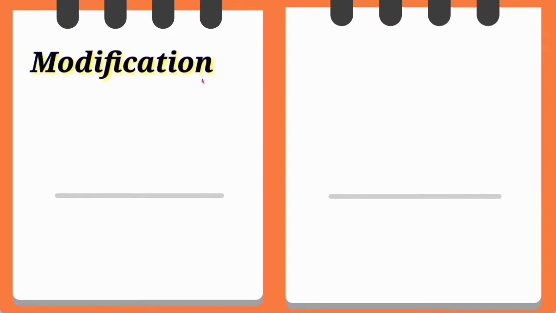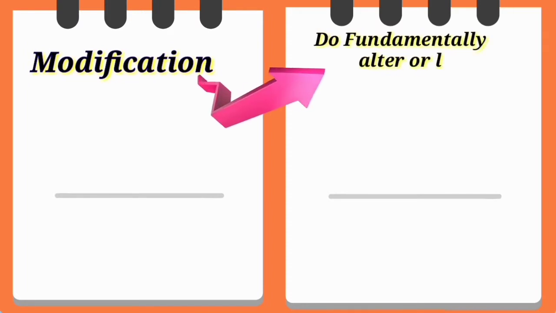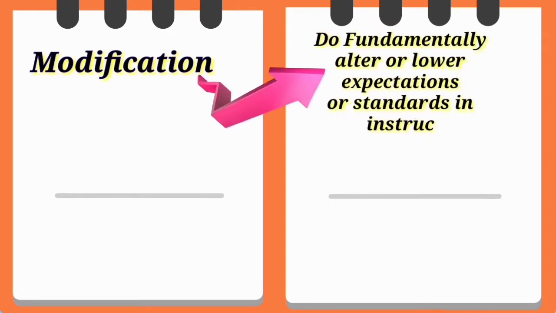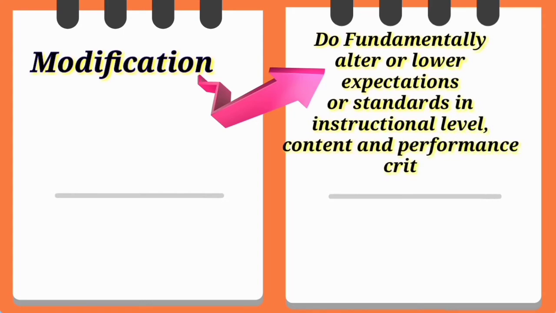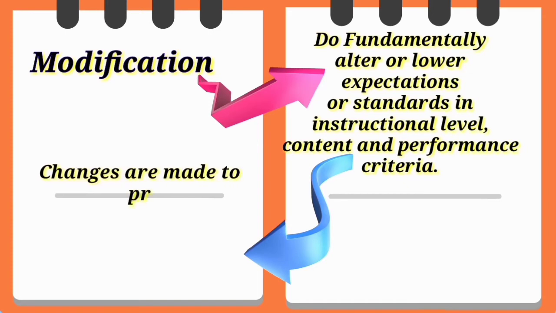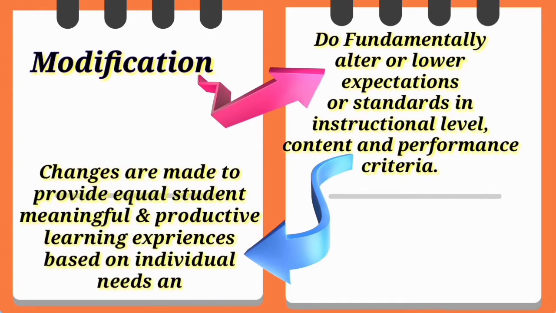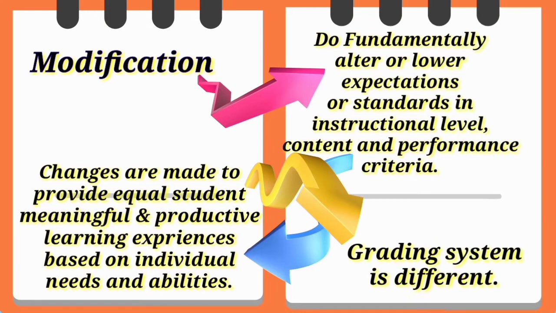While for modification, it fundamentally alters or lowers expectations or standards in instructional level, content, and performance criteria. Changes are made to provide students a meaningful and productive learning experience based on individual needs and abilities. But the grading system here is different.